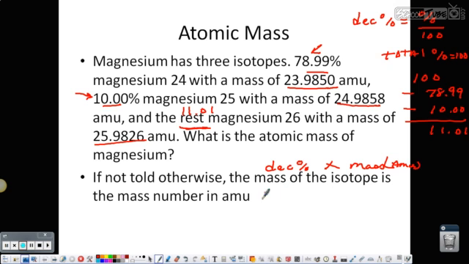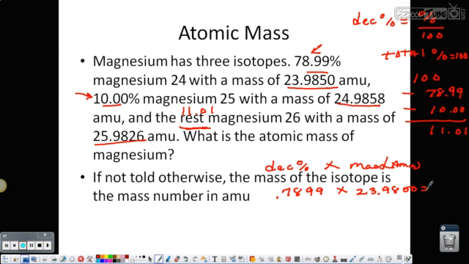So the decimal percent of 78.99 is 0.7899 times 23.9850 equals. Let's see if I can find it again without having to calculate it, but I can't. So it'll be 0.7899 times 23.985.